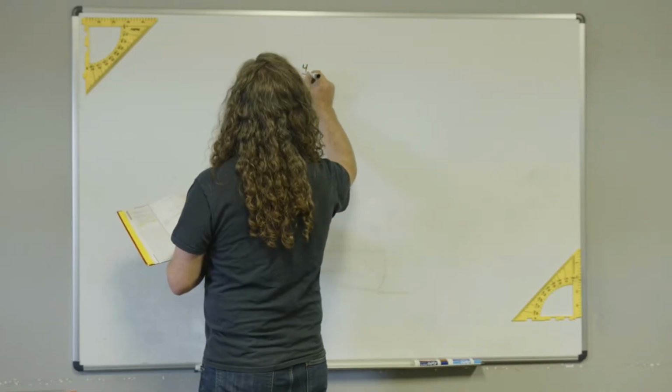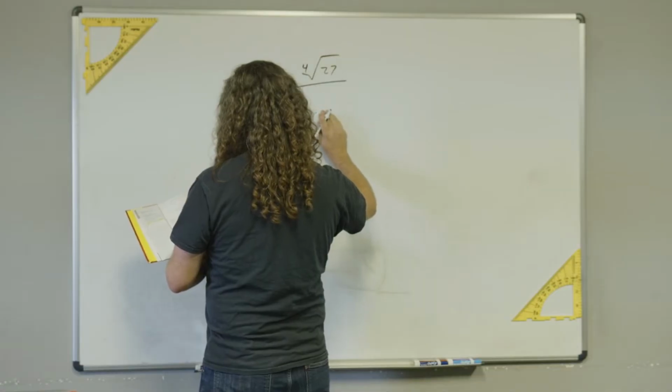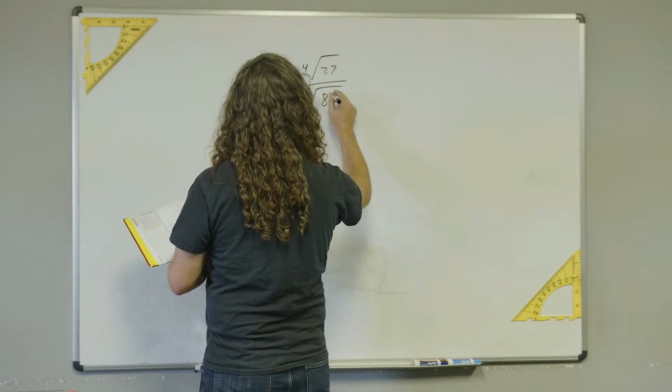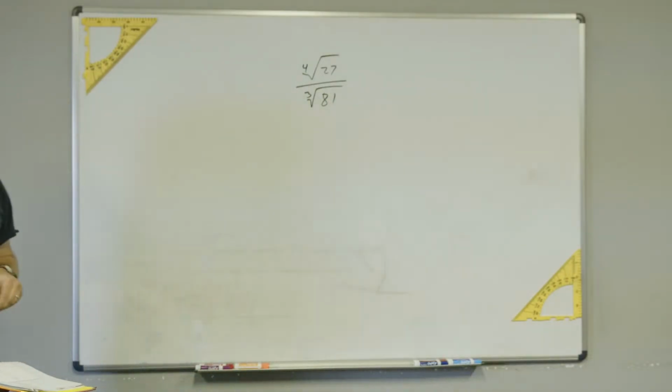Fourth root of 27 over the cube root of 81. All right. We are told to simplify. So what should we do? I love that idea. Do y'all have another one? Multiply them both by 81. Oh, that's a terrible idea.